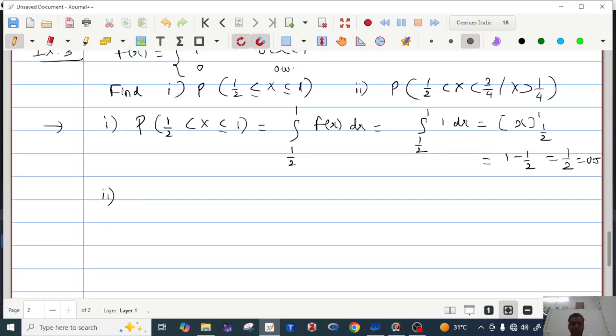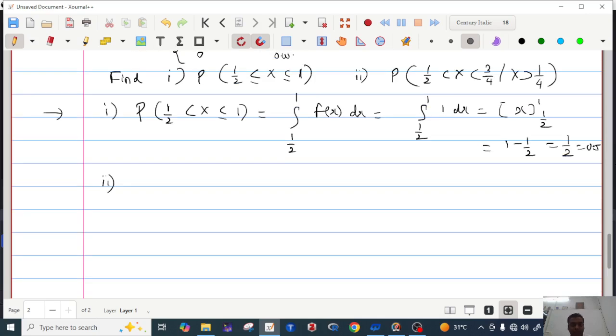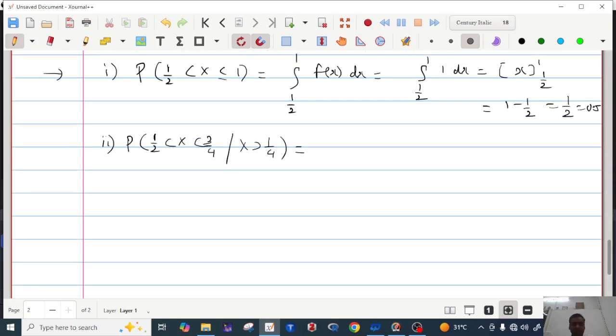Next, the second: the probability of 1 by 2 less than x less than 3 by 4, given x greater than 1 by 4. How to find this probability?